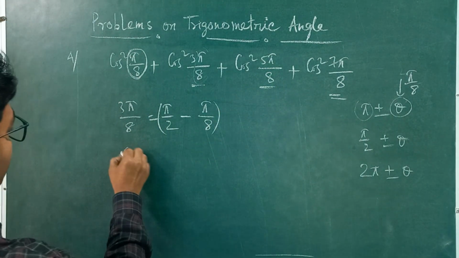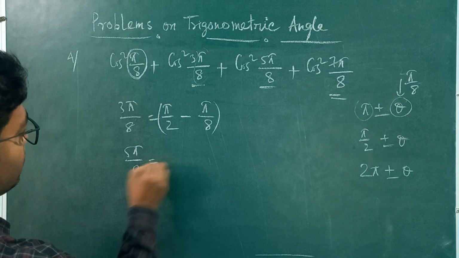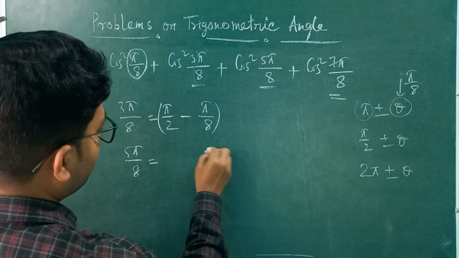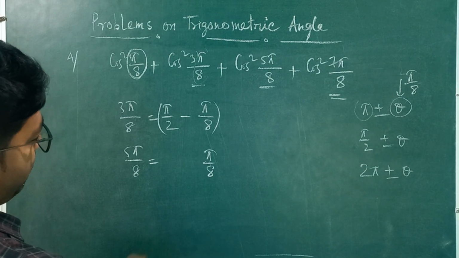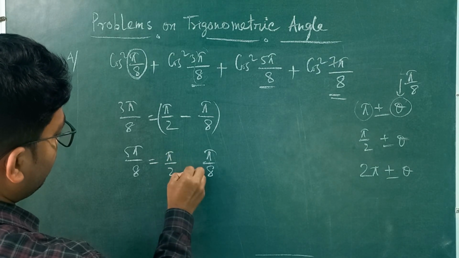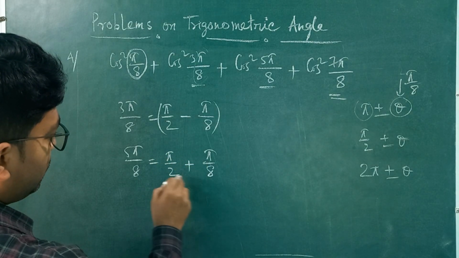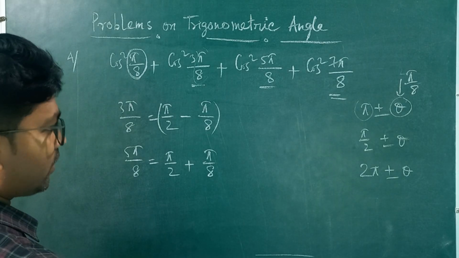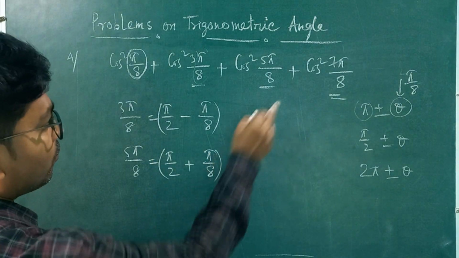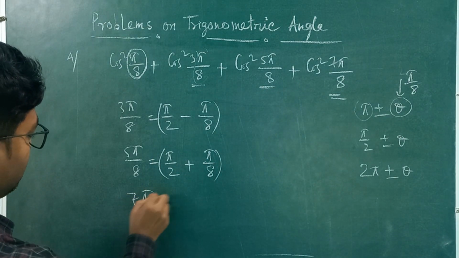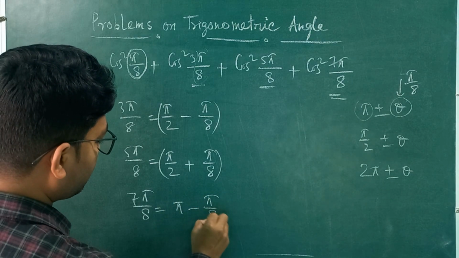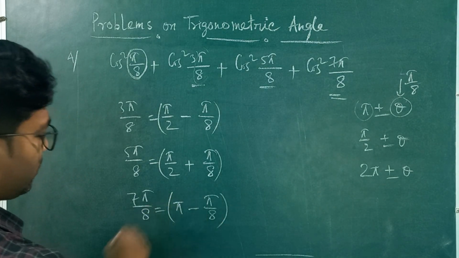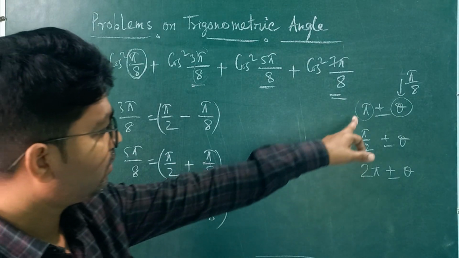Then 5 pi by 8: here is the pi by 8, what can you write here? Pi by 2 plus pi by 8, since 4 plus 1 is 5. What is 7 pi by 8? This one is pi minus pi by 8, since 8 minus 1 is 7. This is the first type.